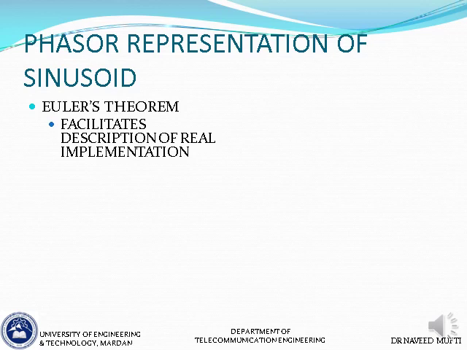So basically we can represent e raised to power j omega naught t as consisting of two parts, a real part and an imaginary part. The real part is cosine and the imaginary part is sine. Normally we indicate it by j.